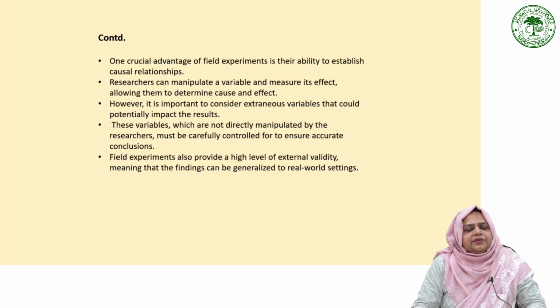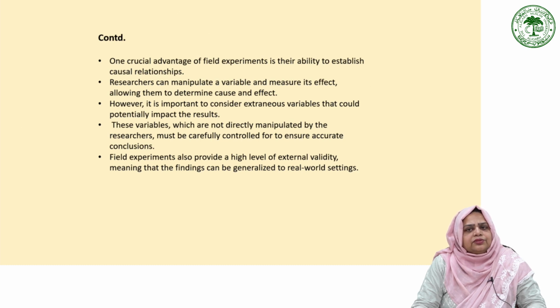Furthermore, field experiments also allow researchers to establish causal relationships by manipulating a variable and measuring its effects. This experimental design enables them to determine the cause and effect relationship between variables with greater confidence.